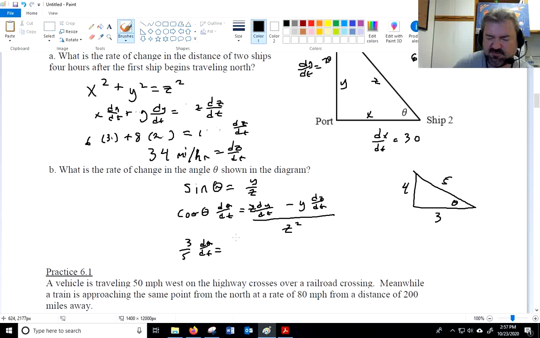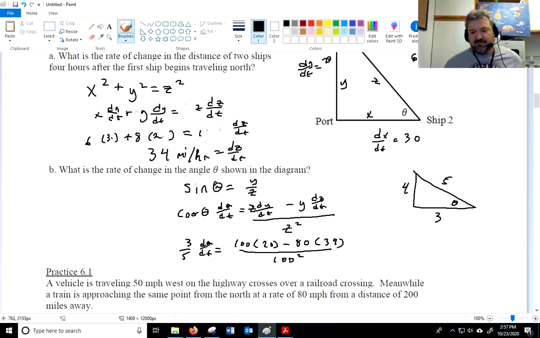Z at this moment we said was 100. dy/dt we know earlier was 20. Then y at this moment was what, 80? Yeah. And then dz/dt we found earlier to be a positive 34. And this is all over 100 squared. So we got a lot to do.